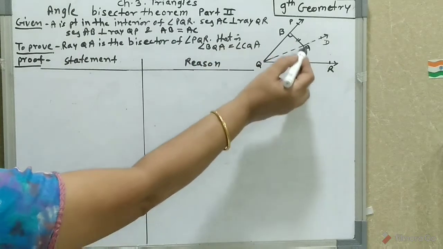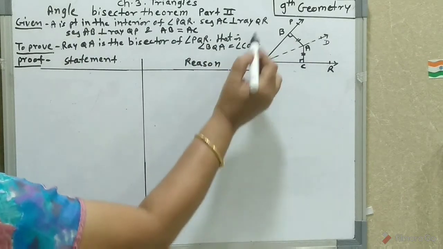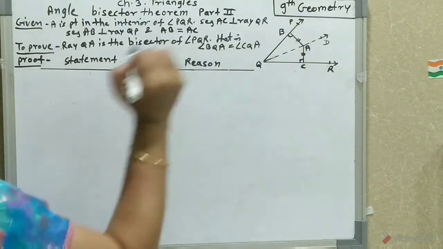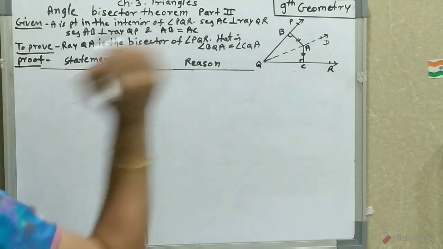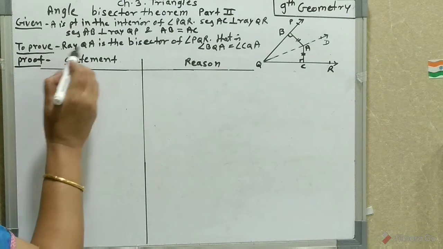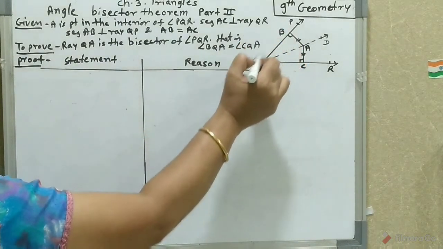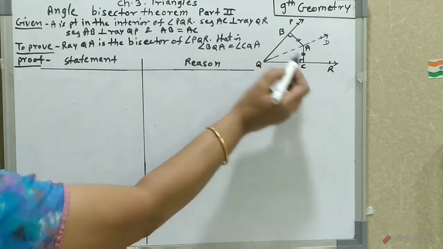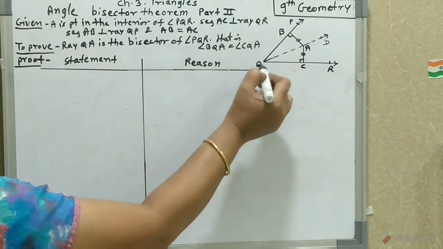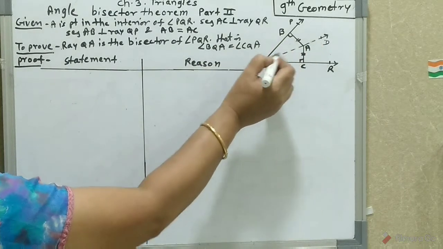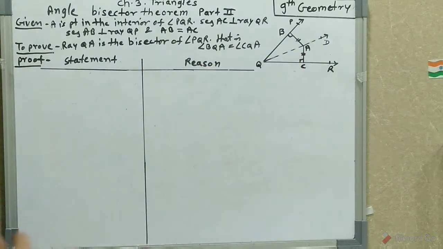Segment AC is perpendicular to ray QR and segment AB is perpendicular to ray QP. So AB equals AC. Now what to prove? Ray QA is the bisector of angle PQR, that is, angle BQA equals angle CQA. So we draw this and get these two triangles.